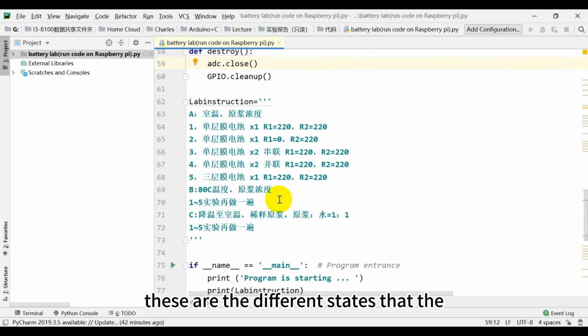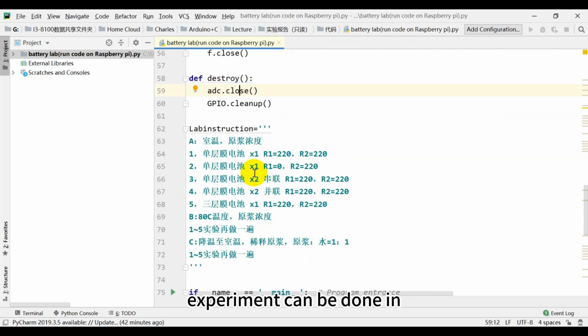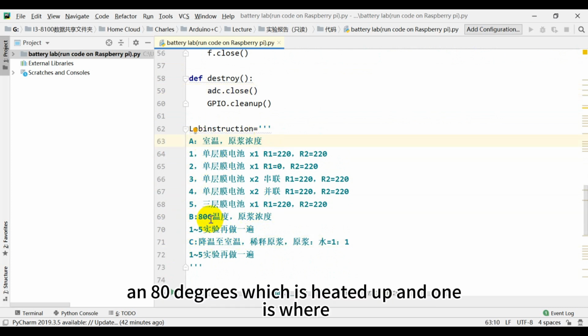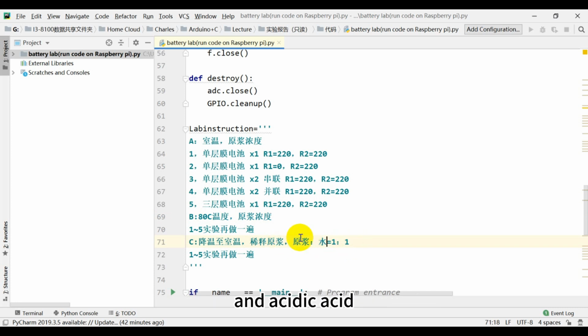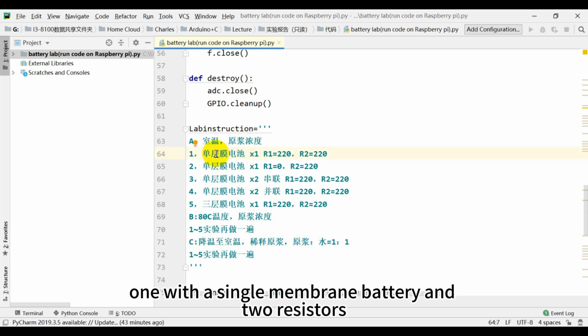These are the different states that the experiment can be done in. There are 3 sections, A, B, and C, where one is the normal default, one is at 80 degrees, which is heated up, and one is where the solution is a 1-to-1 ratio of water and acetic acid. In each state, the experiment is run 5 times, one with a single membrane battery and 2 resistors.